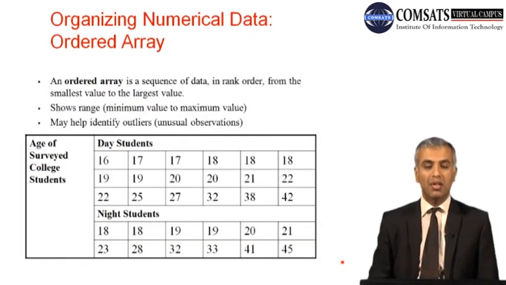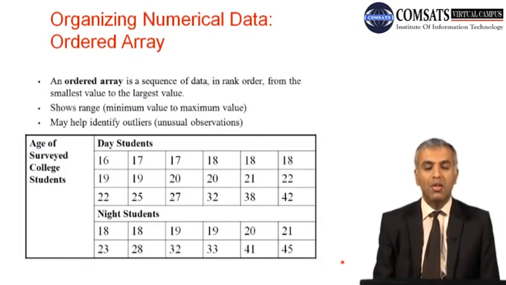Coming to the next tool, which is called an array. It's also termed an ordered array, and it's generally a sequence of data ranging from smallest value to highest value, and we are just seeing an example of that.